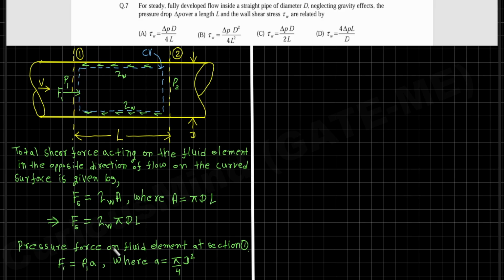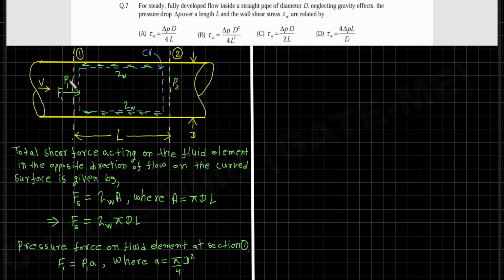And we also know that the force due to fluid pressure is equal to pressure times the surface area on which the pressure acts perpendicularly. This pressure P1 exists at section 1 and exerts a force perpendicular to this surface.